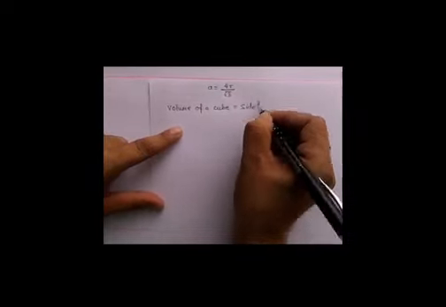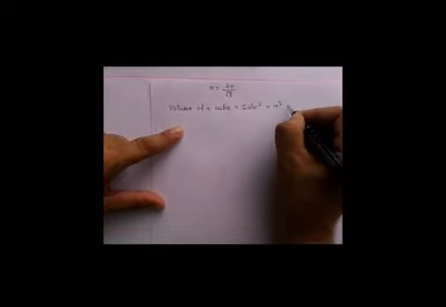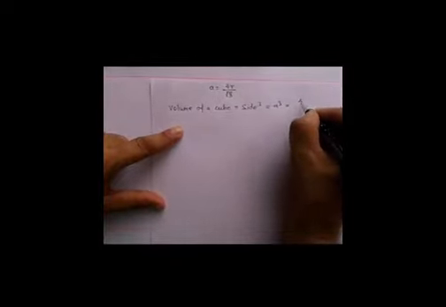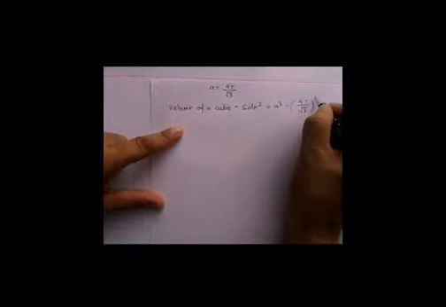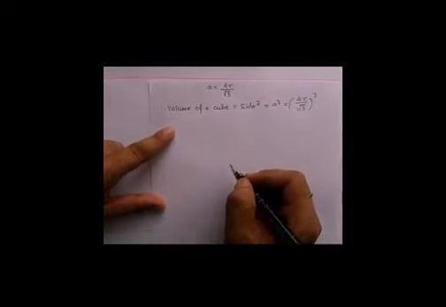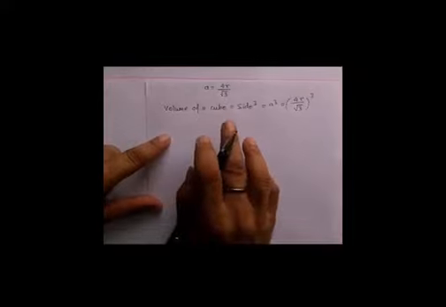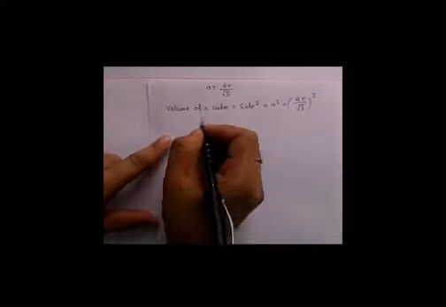Side of the cube is A, so volume is A cube, putting this value, 4R by root 3 whole cube. After that, let's calculate the volume of two spheres.